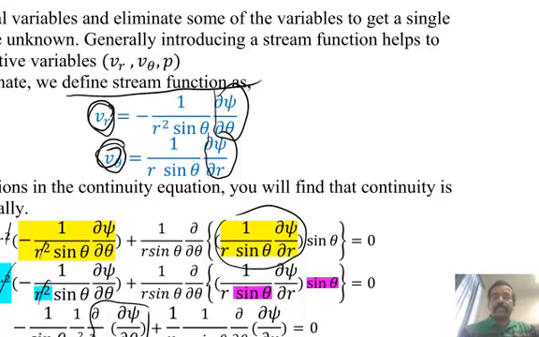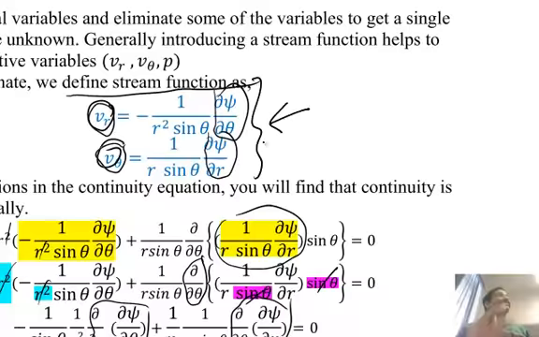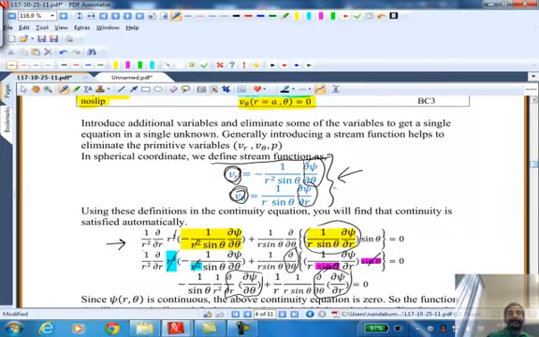For the derivative with respect to theta, you can take r out. And when you have the derivative with respect to theta, this sine theta and this sine theta cancel out, once again leaving you with d/d theta of d psi/dr. They are exactly the same term with opposite signs. So the defining equation for the stream function automatically satisfies the continuity equation.